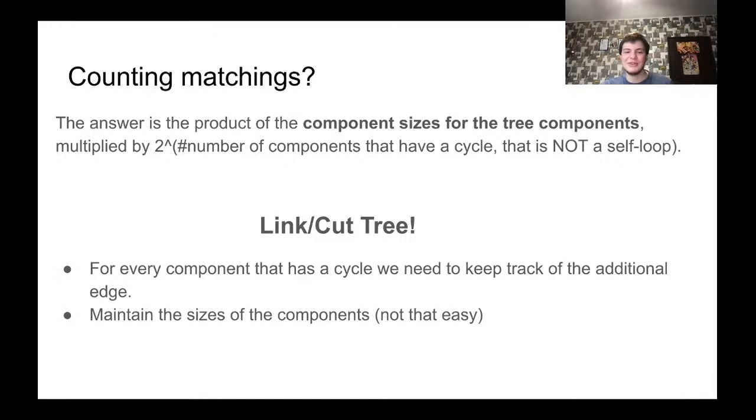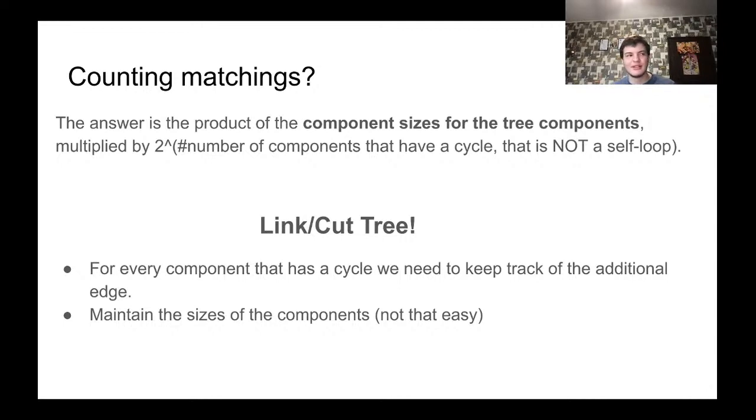But first, let's go to the basics of link-cut trees. Actually before that, here I have added some notes on what we need to have for our structure. For every component, we need to keep track of which components have a cycle, which can be done since in a link-cut tree every connected component is always a tree.